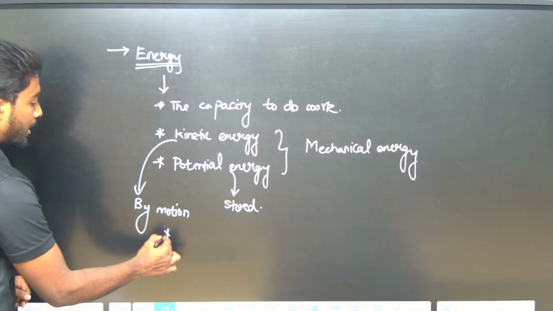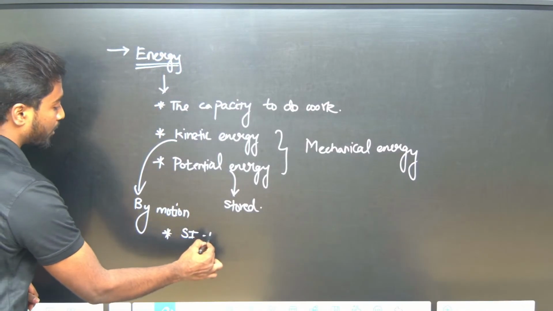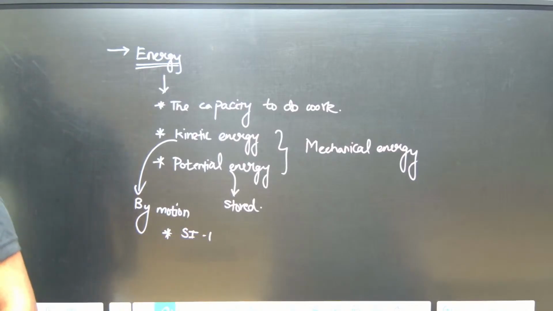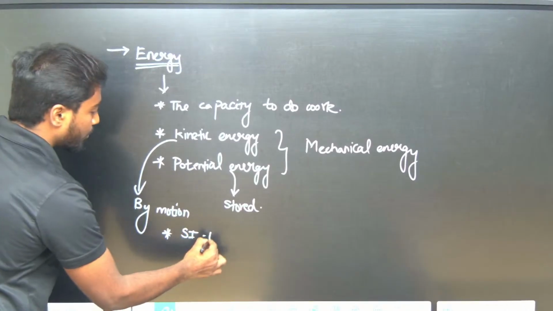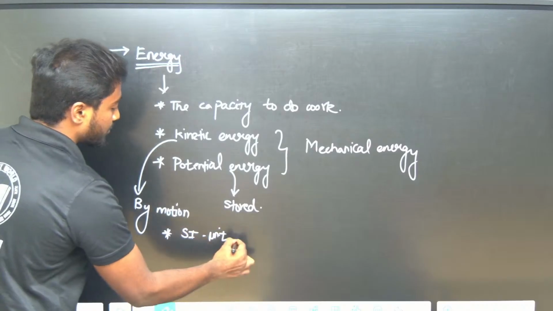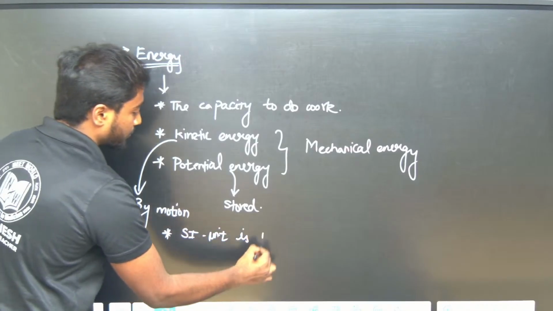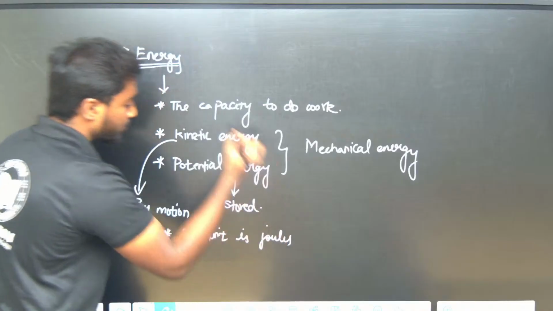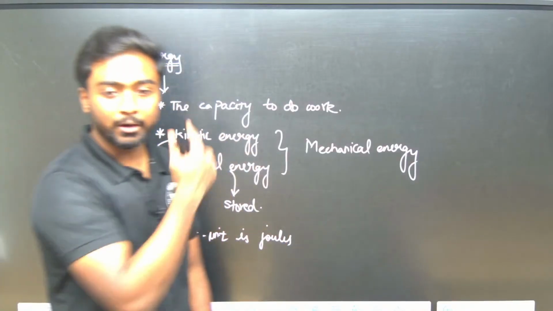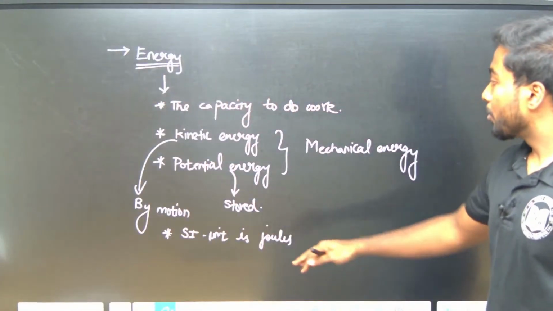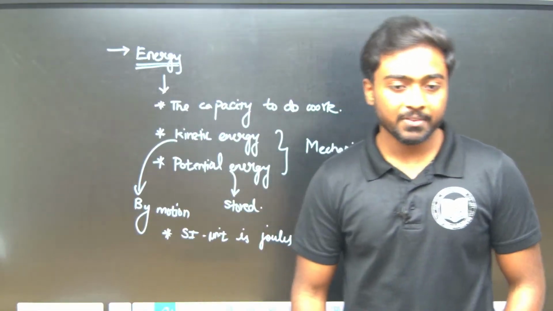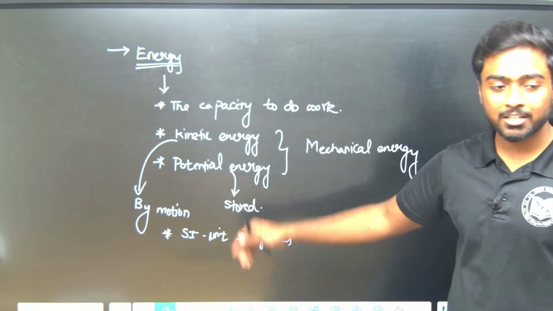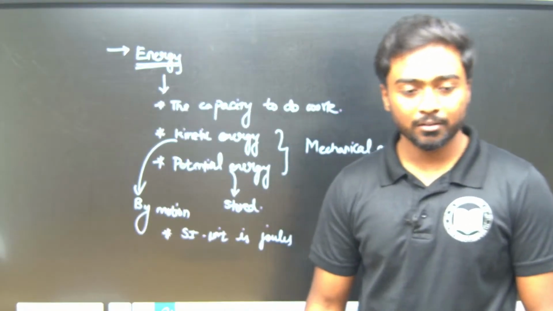And the third one is the SI unit of energy, which is joules, the same SI unit as work. Kinetic energy also has the SI unit joules, and potential energy also has the SI unit joules.